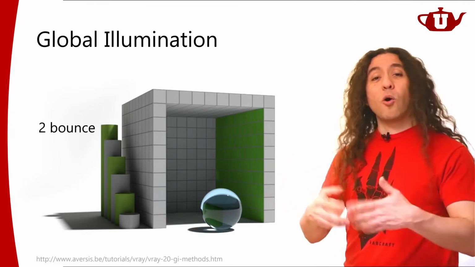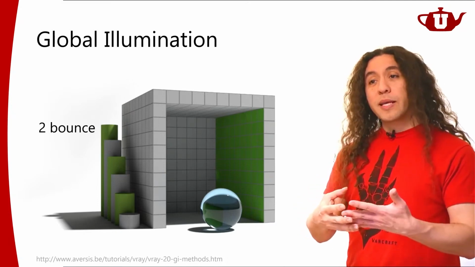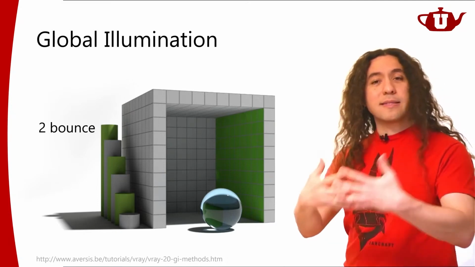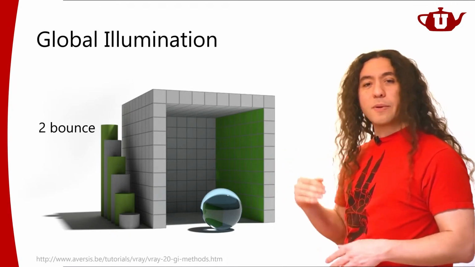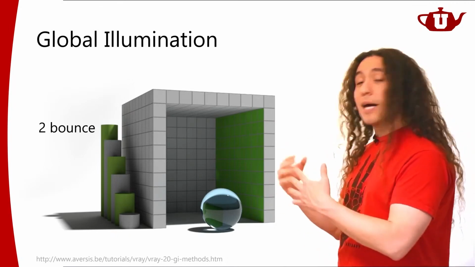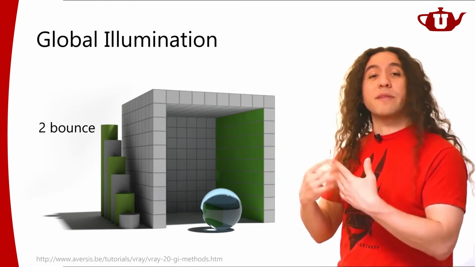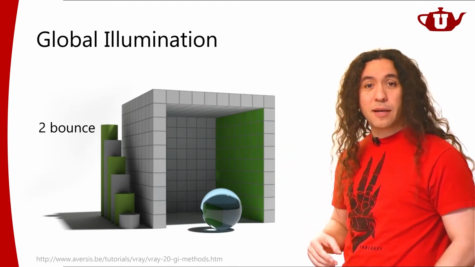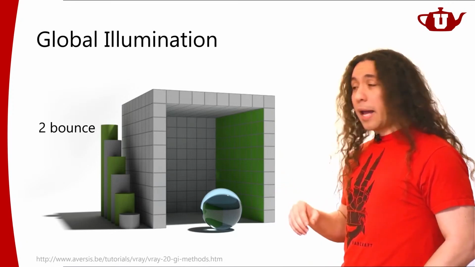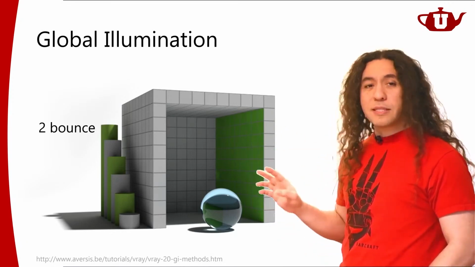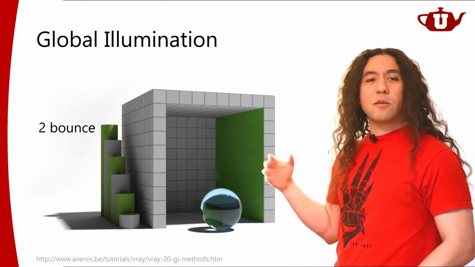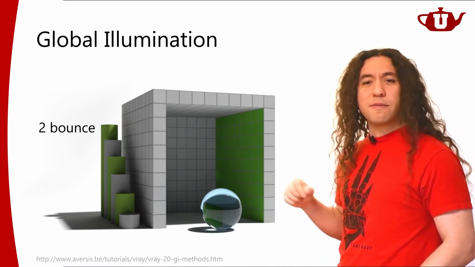So as you have more and more bounces, the light energy that's contributing to those bounces is getting lower and lower, because some of the light is getting absorbed now. Not all of the light is being reflected, right? And when it's reflected in all directions. That's why oftentimes these additional bounces will not be as strong as the first few bounces.